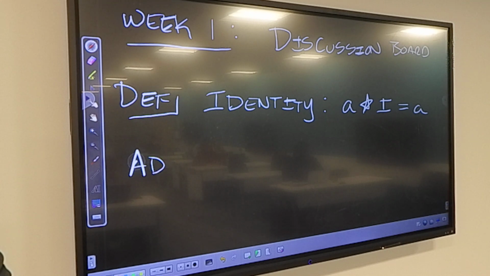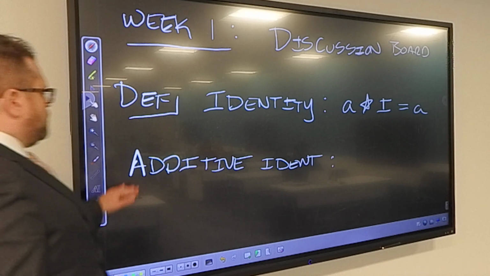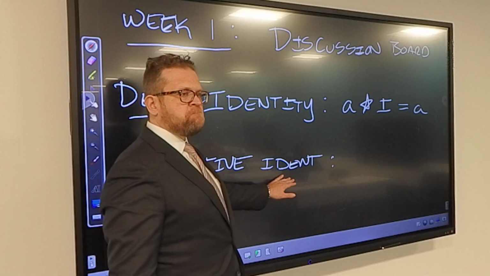Okay, then tell me, what is the additive identity? It's a unique number. There's only one.